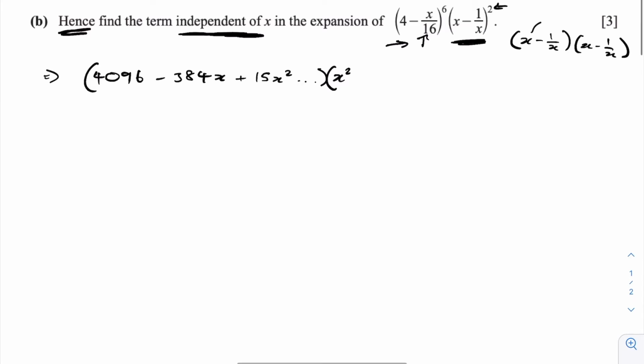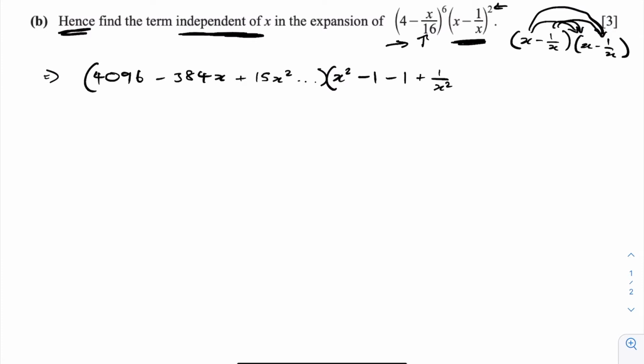Now, x times x is x squared, which we've got there. x times negative 1 over x is negative 1. Then negative 1 over x times x over here is negative 1 as well. And then negative 1 over x times negative 1 over x is plus 1 over x squared.